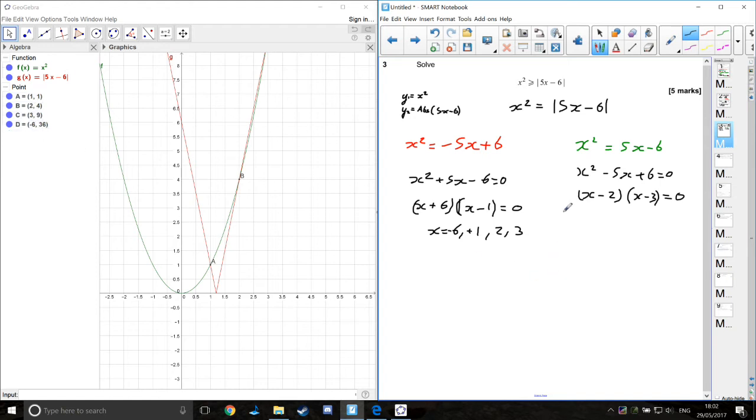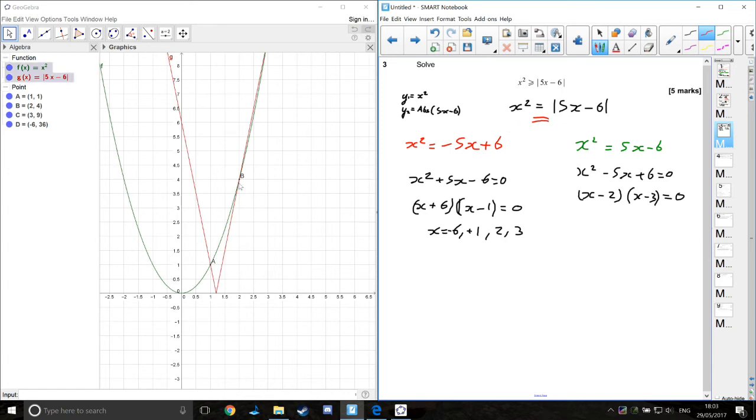Okay, so we've not actually solved the inequality yet. What we've solved is when it's equal. So to get the inequality, all we need to do is look at this graph and find what intervals this is true. Now the easiest way to think about this is, when is the graph x squared over that is bigger than the mod graph here?